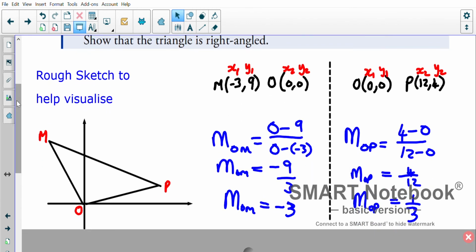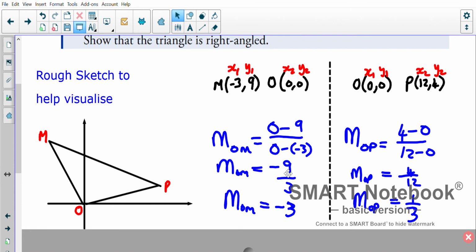Okay. So where would that right angle likely be? According to your sketch, it's likely going to be in this angle MOP. So we need to get the gradient of MO or OM, and we need to get the gradient of the other line OP. So let's look at this first, to see if this creates a right angle. The gradient of O to M, using the notation we always use when it comes to gradients, x1, y1, x2, y2: putting that in, you get 0 minus 9 on the top, 0 minus -3 on the bottom.